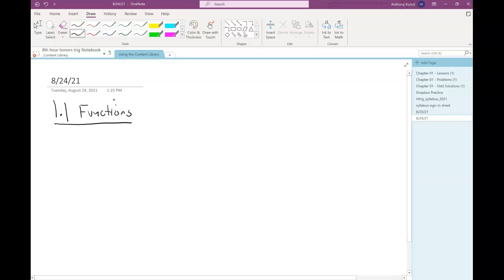But we're going to start today in Chapter 1. Chapter 1 is reviewing some concepts regarding functions. So we'll start with just the general definition here, our most basic definition from our algebra class with a function.